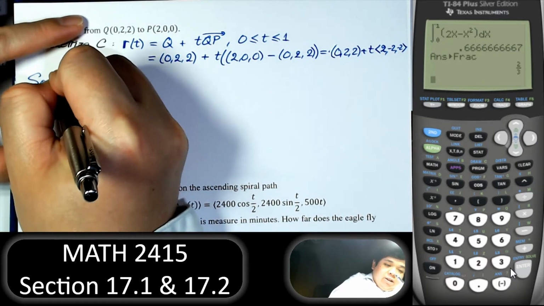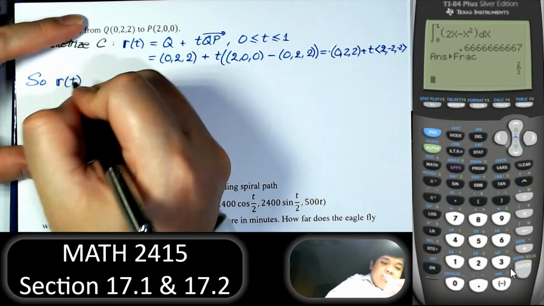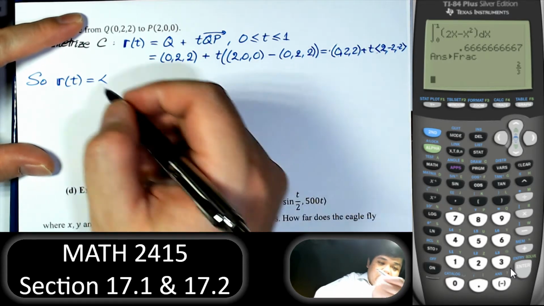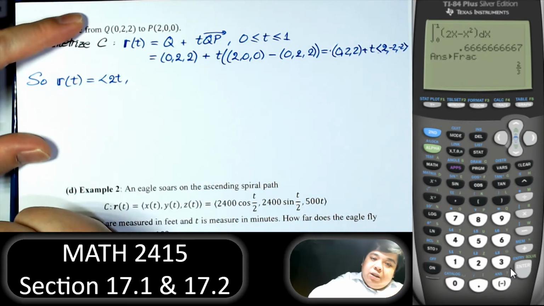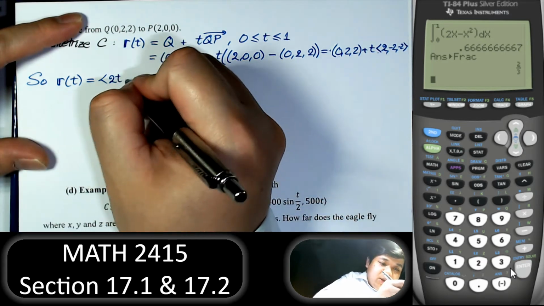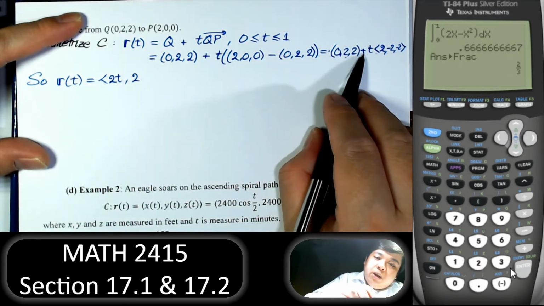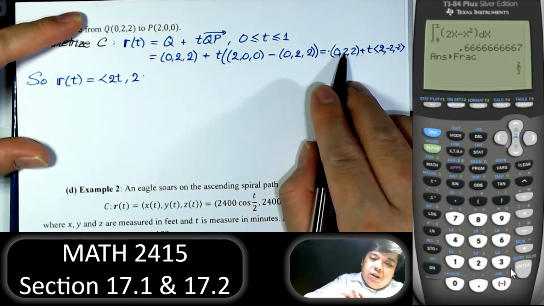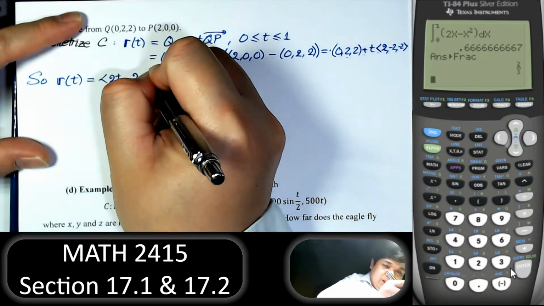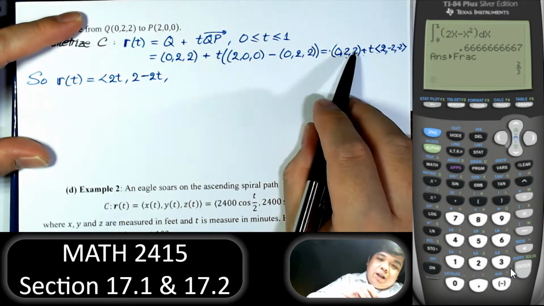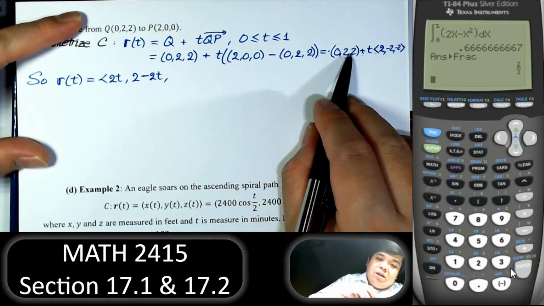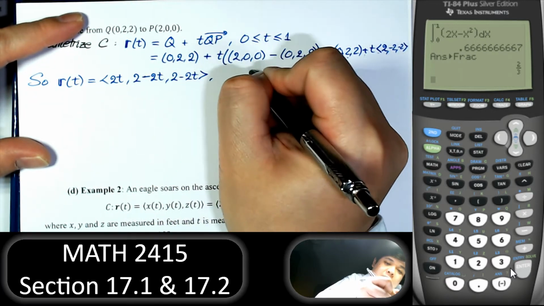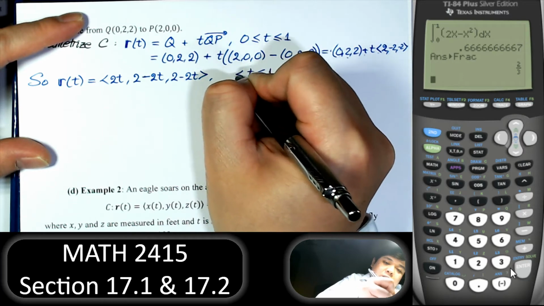So the parameterization of the curve is 0 plus 2t, 2 plus negative 2t, and 2 minus 2t, with t between 0 and 1.